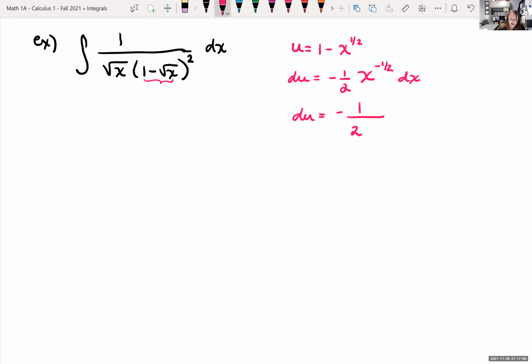Bringing that down, I can make it a positive exponent, and that's really the square root of x dx. So if I get dx by itself, I can multiply by the reciprocal of what's in front of dx. So that would be negative 2 square roots of x du.